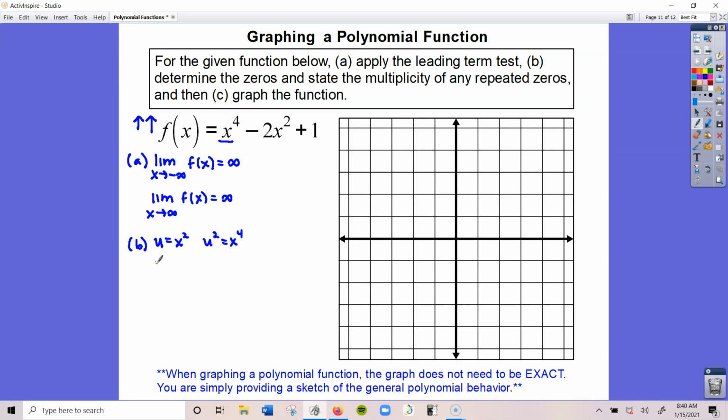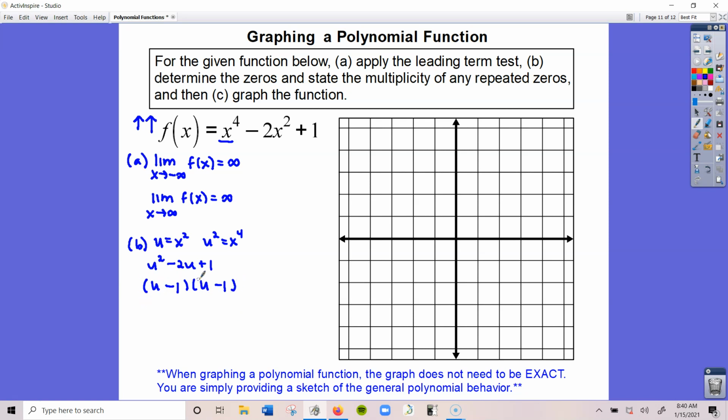When I replace everything, I get u squared minus 2 times u plus 1. In terms of factoring, this is u and u, and the two numbers that multiply to give you positive 1, but add to give you negative 2, are negative 1 and negative 1.